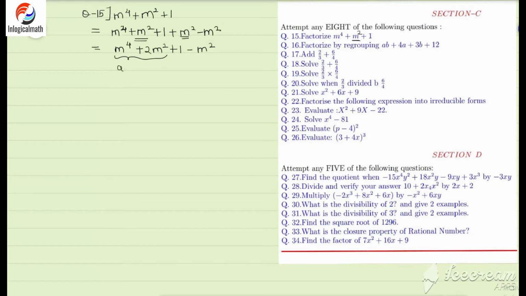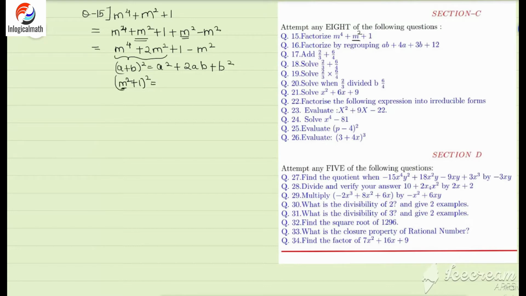See, we know that (a plus b) whole square is a square plus 2ab plus b square. Now consider a as m square and b as 1, and find their square.